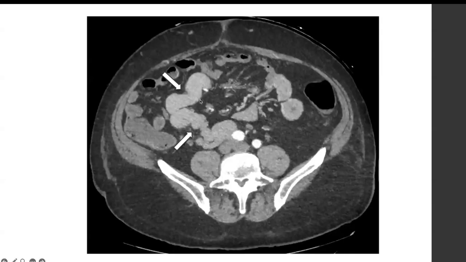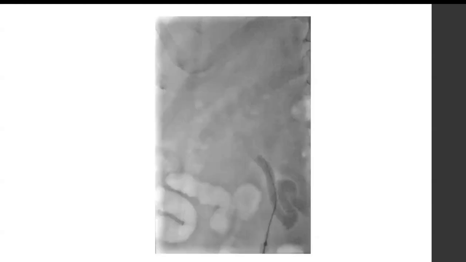This is a big shunt coming off of the superior mesenteric vein and draining into the IVC. These develop because the portal pressure is too high and the blood is trying to find off ramps to get out of there. So what can you do about that? We can close them.